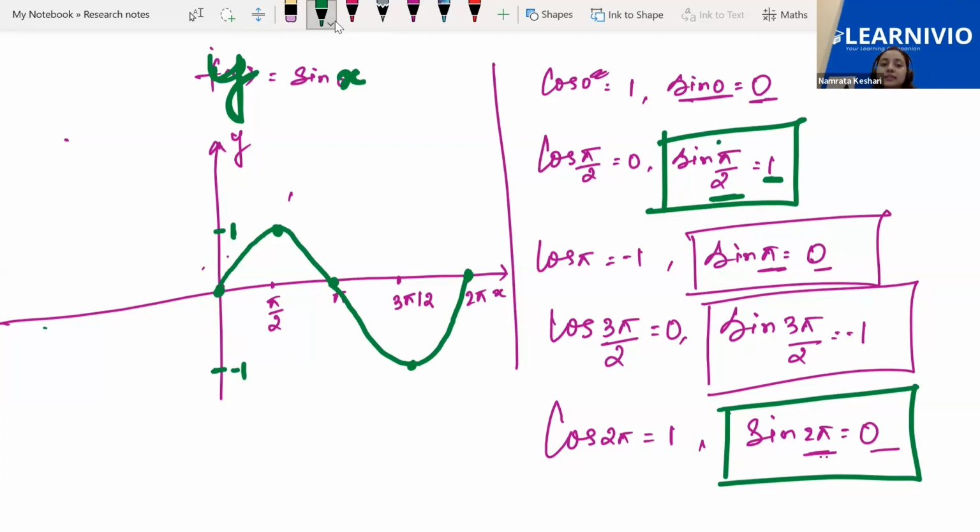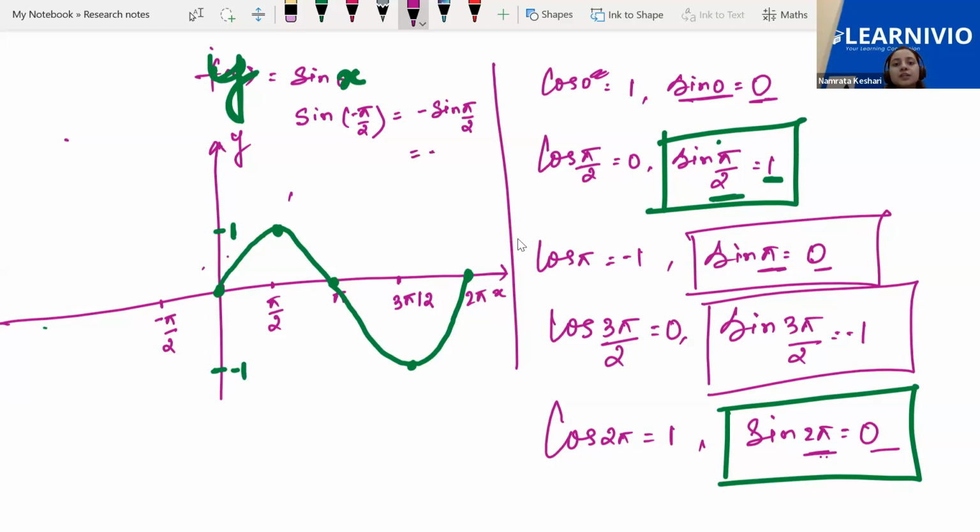Similarly, exactly the same thing we'll be having on the other side also. Why? Because if you take x as minus pi by 2, let's see what is y. When you take x as minus pi by 2, that means sine of minus pi by 2, that means minus sine pi by 2, and sine pi by 2 value is 1.